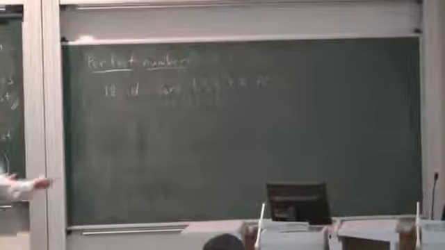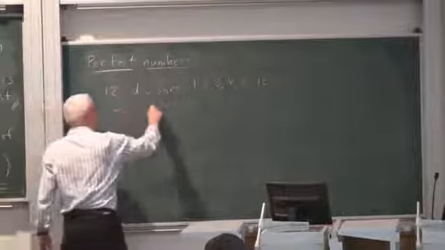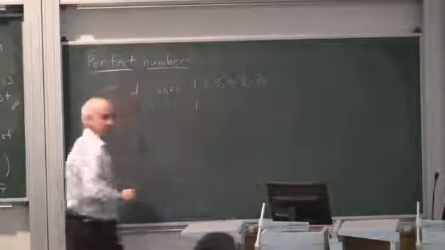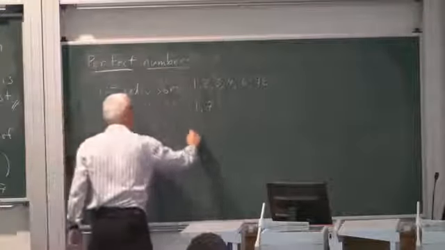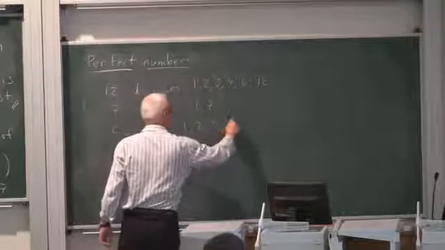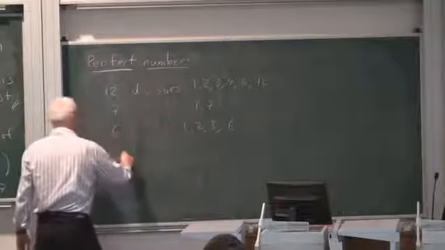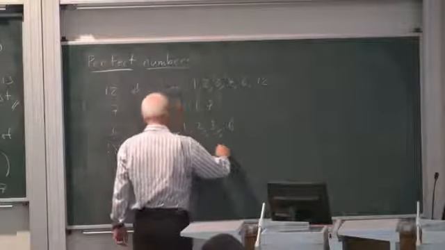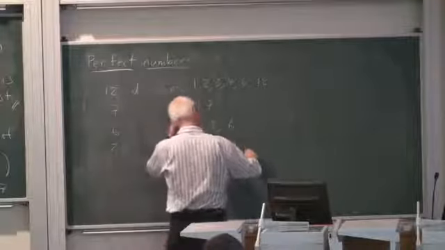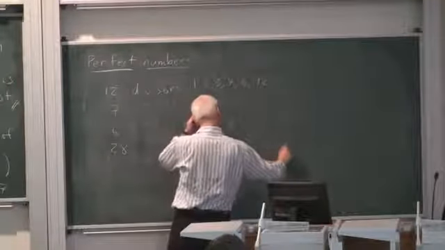While a number like 7 would have divisors 1 and 7. A number like 6 has divisors 1, 2, 3, and 6. A number like 28 has divisors 1, 2, 4, 7, 14, 28.